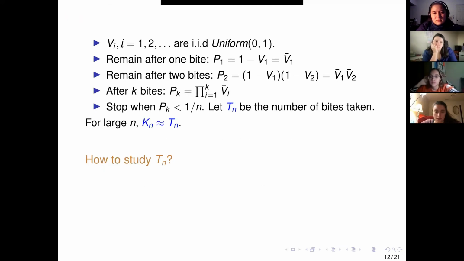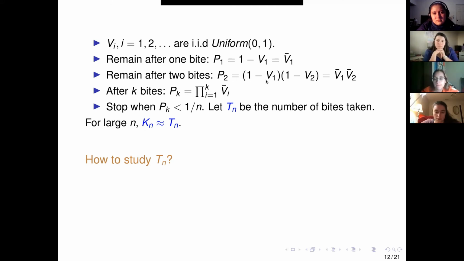So again, let me just say that. The Vi are IID uniform on 0, 1. The portion that remains after 1 bite is 1 minus v1. The portion that remains after 2 bites is going to be 1 minus v1 times 1 minus v2. v2 is relatively how much I take out, so it's the relative size of the second bite, because the second bite is v2 times 1 minus v1.